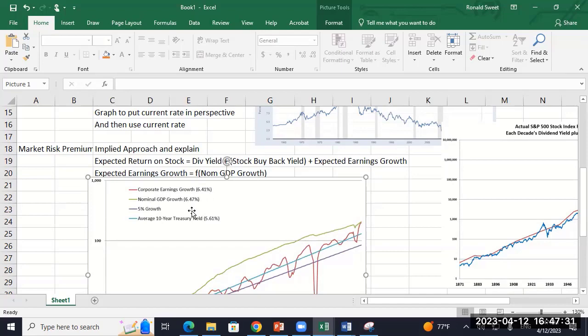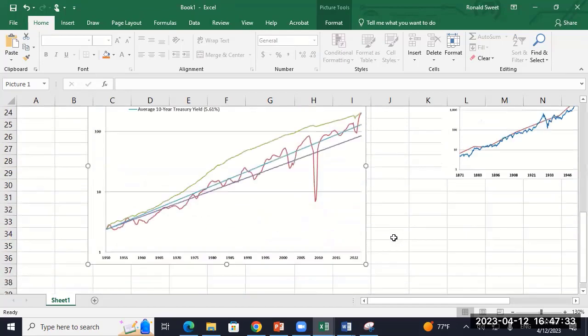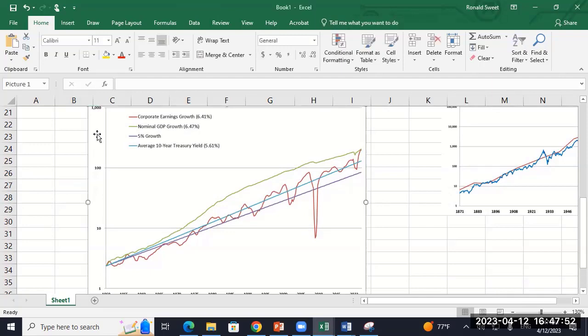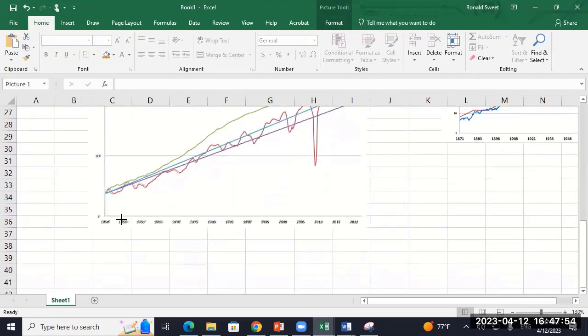Our economy has grown 6.47%. So you can certainly justify your forecast for corporate earnings growth by tying it back to economic growth, because they have essentially matched, although most of it has come in this last period where earnings growth really rocketed up when the economy didn't. So you can use this chart to justify that.